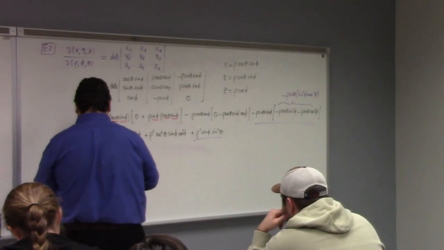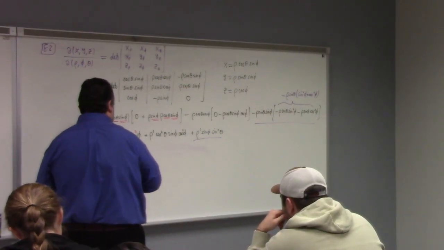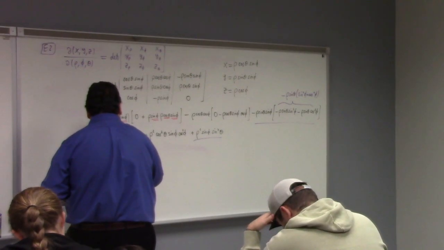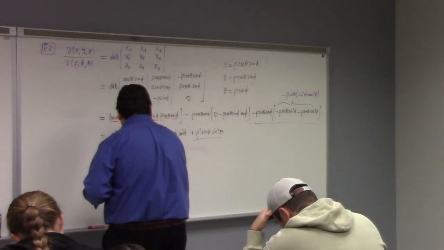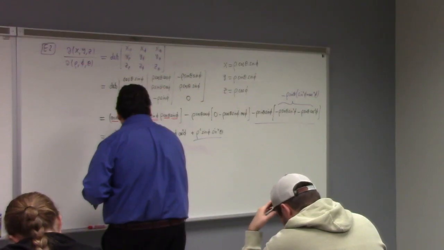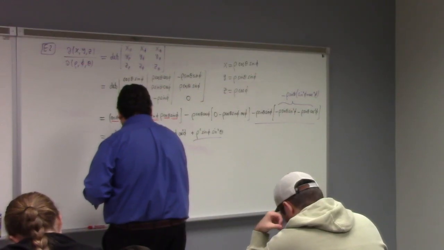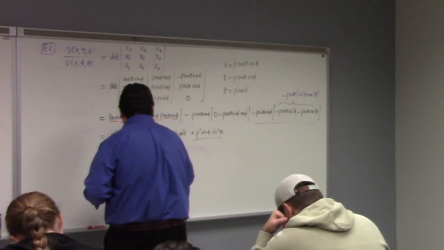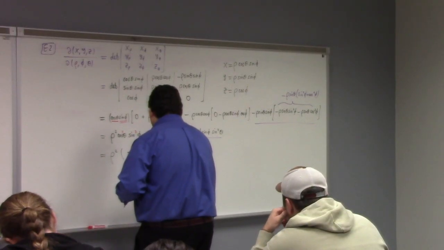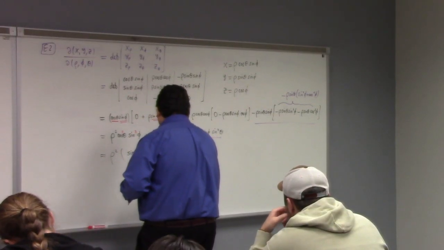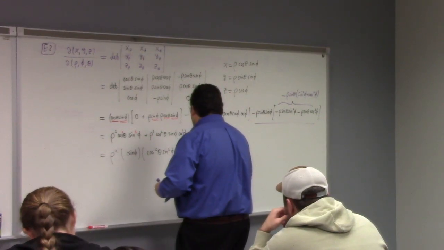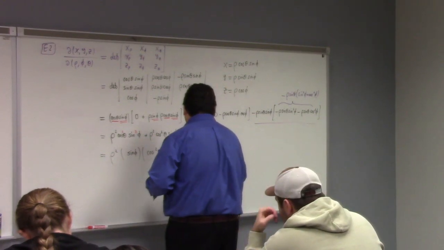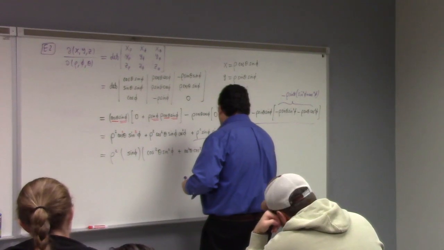All right, so let's finish this thing. We've got rho squared, factor that out, and I've got a sine phi, I factor that out. Then I've got a cosine squared theta sine squared phi plus cosine squared theta cosine squared phi plus sine squared theta.